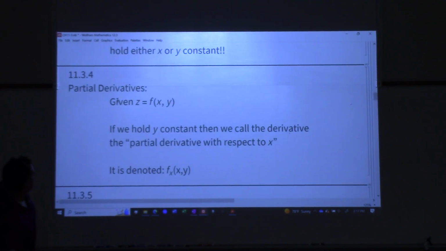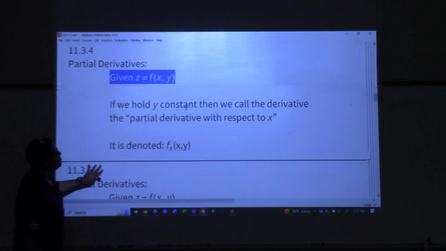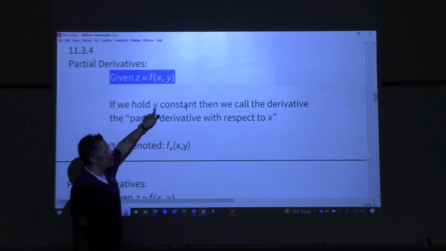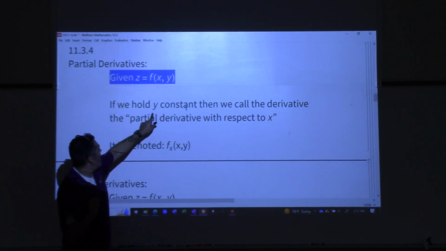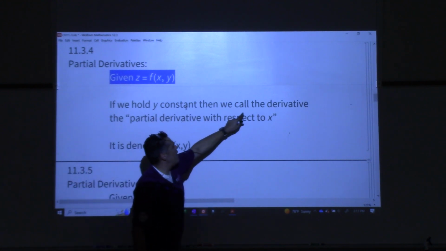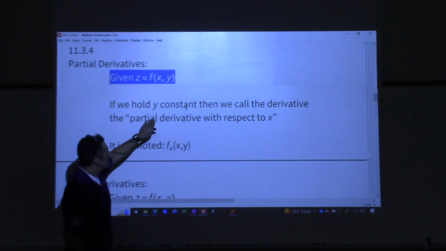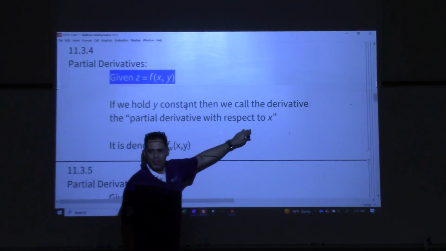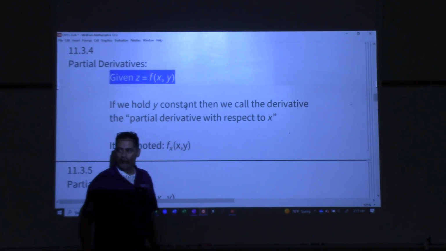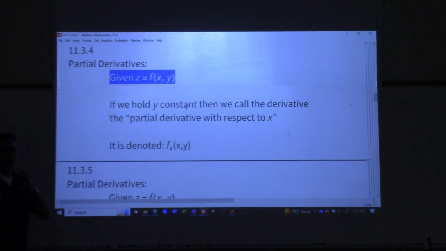So here's our notation. Given a function, z equals some function of x, y, if we hold the y constant, we will call that derivative the partial derivative with respect to x. When we say with respect to x, we mean the y is being held constant.